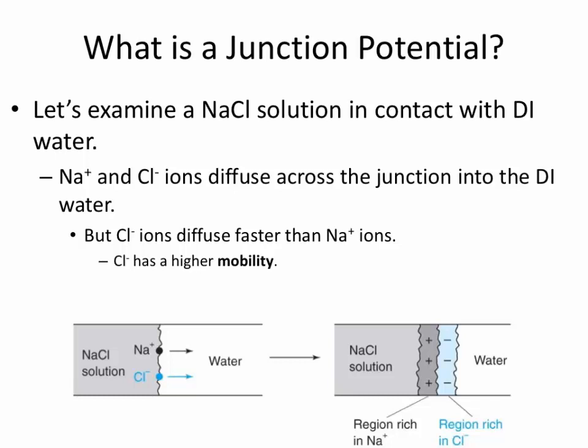That is, the chloride ions have a higher mobility. And that gives rise to a region that is rich in chloride ions because they have outpaced our sodium ions, and then a region behind that that is rich in our sodium ions because the chloride ions have already diffused out of that region.